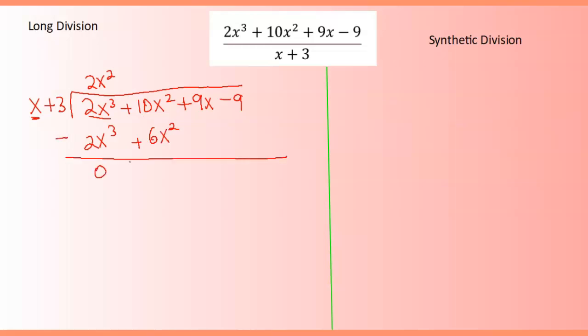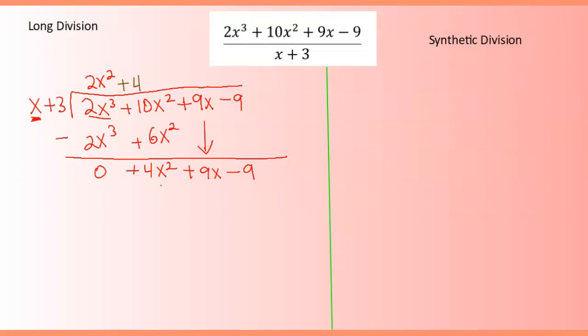So here will be 0. And here, 6 away from 10, will be positive 4x. And we drop this one down. So plus 9x minus 9. We repeat it. We want to eliminate this. So we check it with this one. And we see that we need 4.